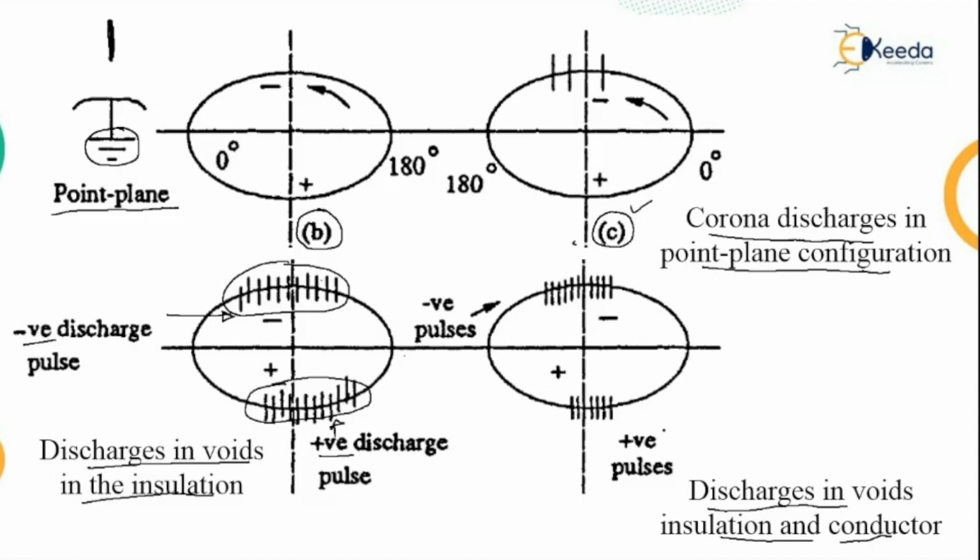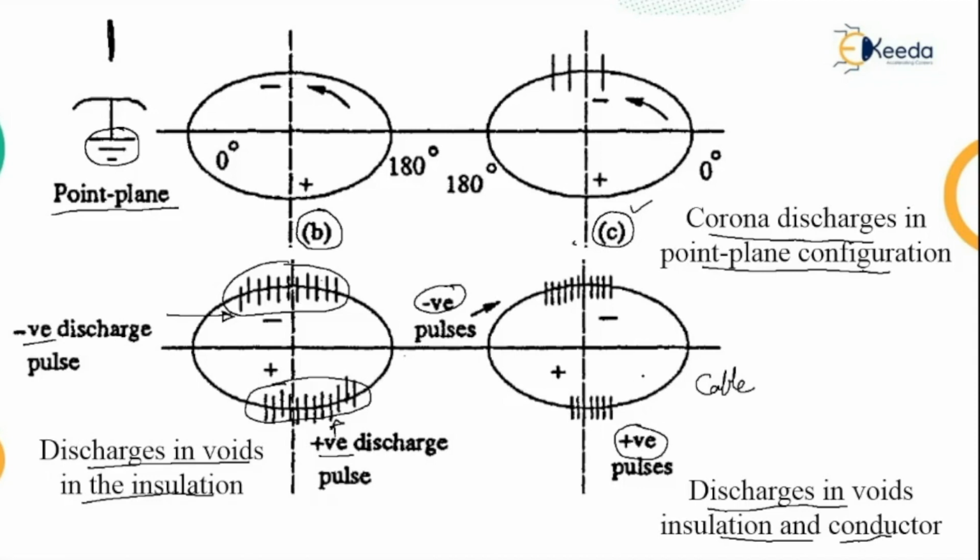This pattern of discharge is common in insulated cable, where the discharge is made up of a large number of pulses of small magnitude on the positive cycle and a much smaller number of large magnitude pulses on the negative half cycle. So again, for both negative and positive half cycles, it is shown on the ellipse.